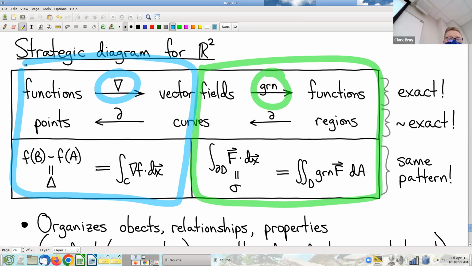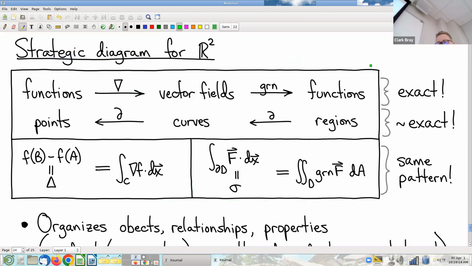So you can take what you understand about gradient, and there obviously are geometric differences and you have to adapt accordingly, but that will give you ideas for ways to help you understand Green's operator and vice versa, etc.